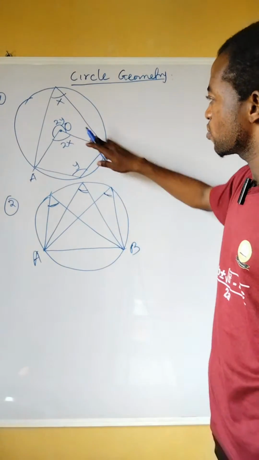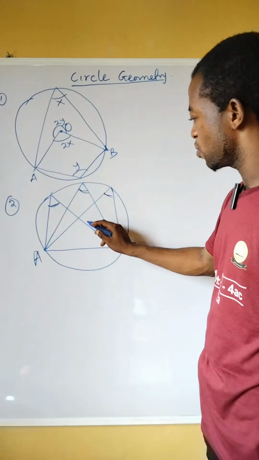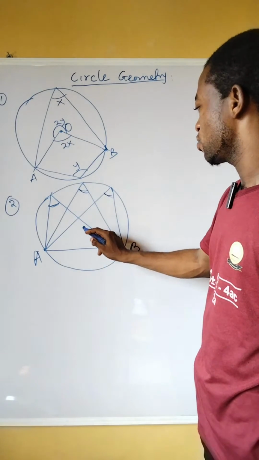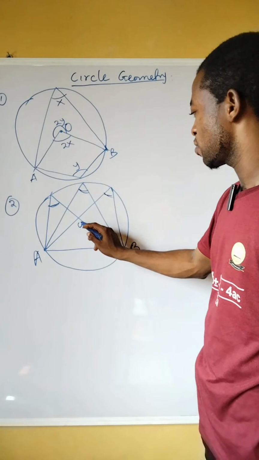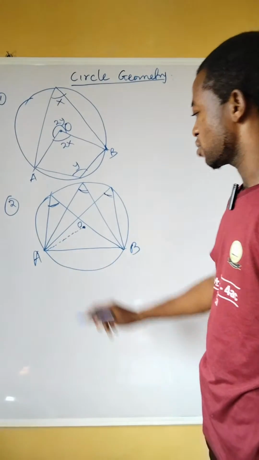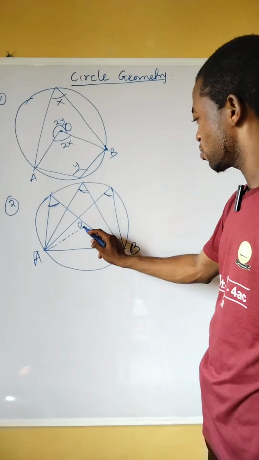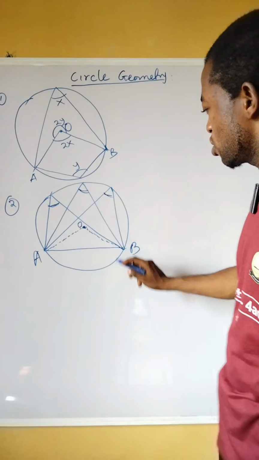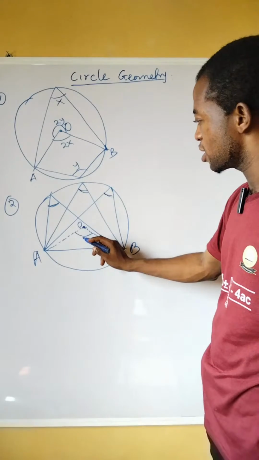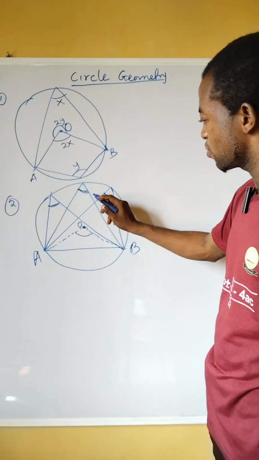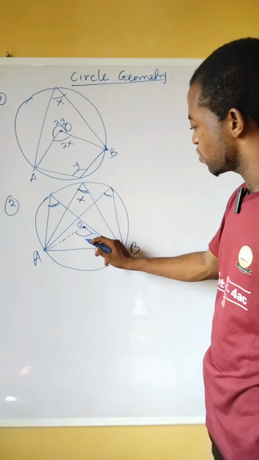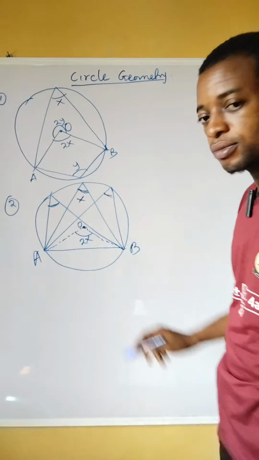The proof is from theorem 1. If we locate the center of the circle, O, then we make a construction: we join point A to O and also point B to O. This angle forms the angle at the center. If the angle at the circumference is x, the angle at the center will be 2x.